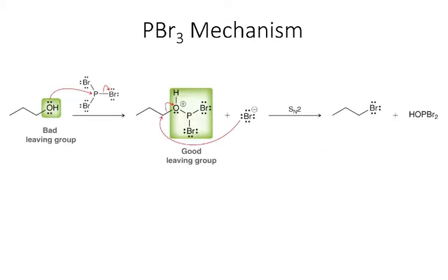Okay, again, the reaction with PBr3 is a similar idea. We convert the OH from a bad leaving group into a good leaving group. So we start with a nucleophilic attack and the loss of a leaving group. And then we can have the SN2 reaction where the bromine comes in and replaces the leaving group.